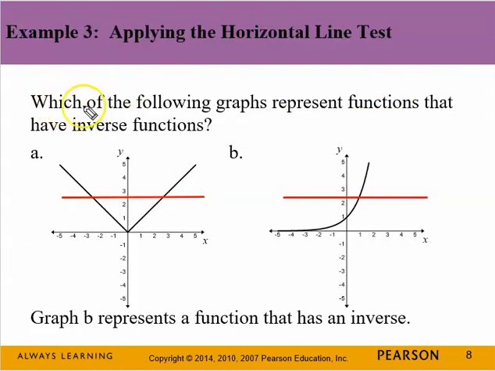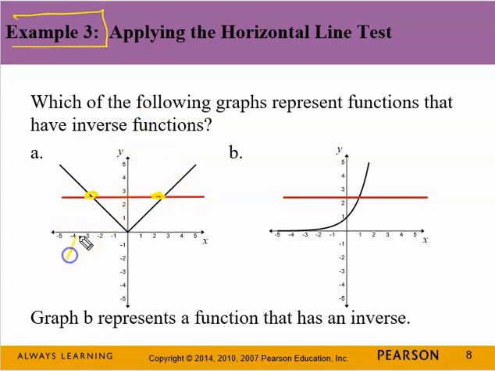And here is a nice example of the horizontal line test. Which of the following graphs represents a function that would have an inverse? Well, as that red line's coming down, it's intersecting there and there.